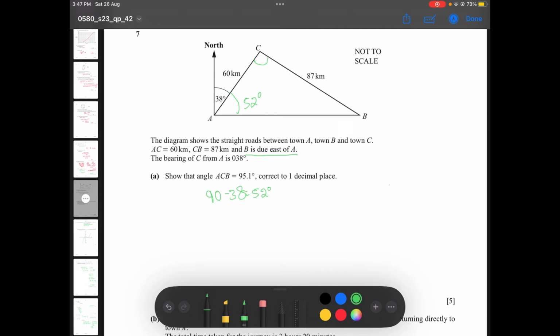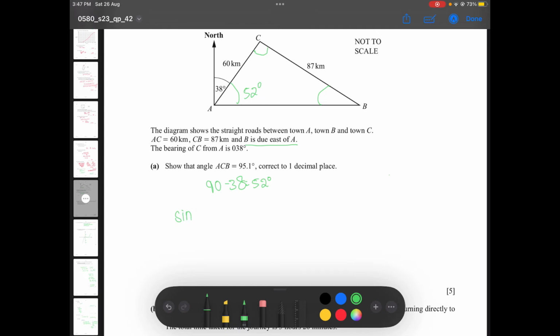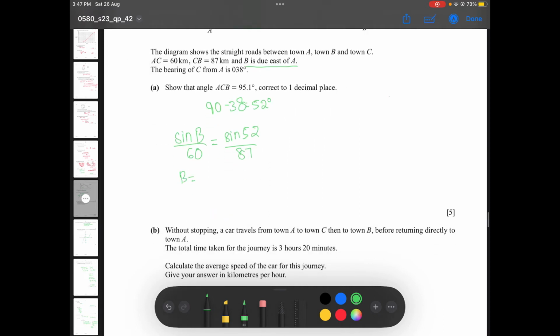Alright, and then we have to find this angle. This angle can be found using the sine rule: sine of B over 60 equals sine 52 over 87. B is going to be sine inverse of 60 times sine 52 divided by 87, which equals 32.91919409, writing the full value here.